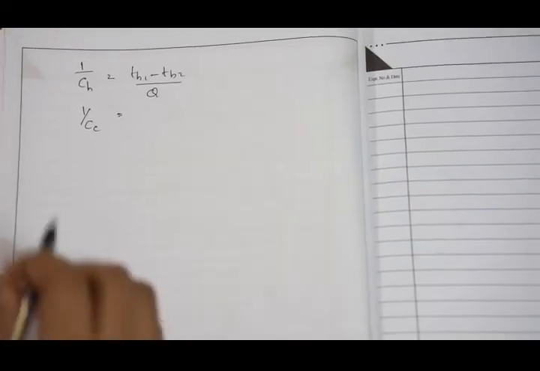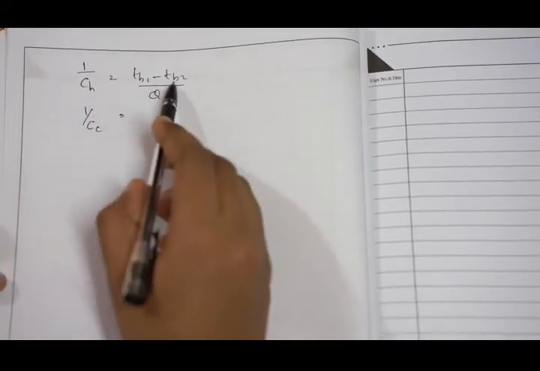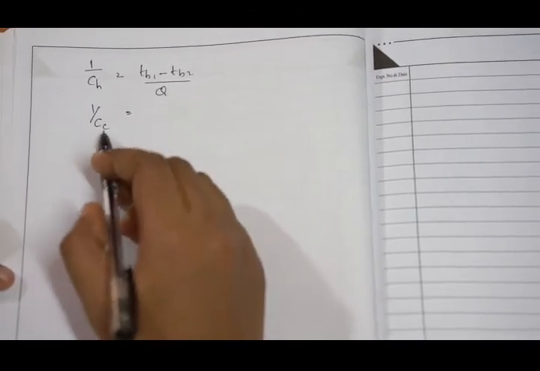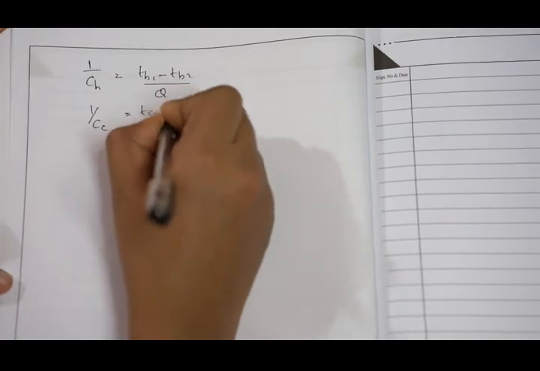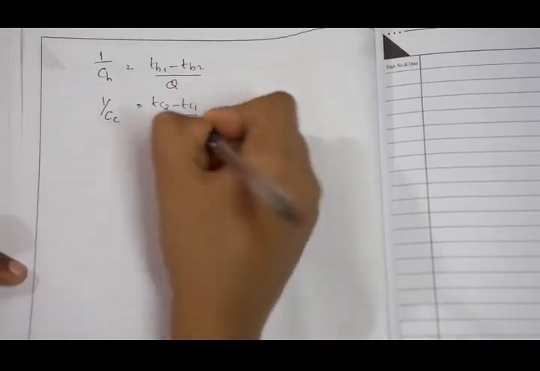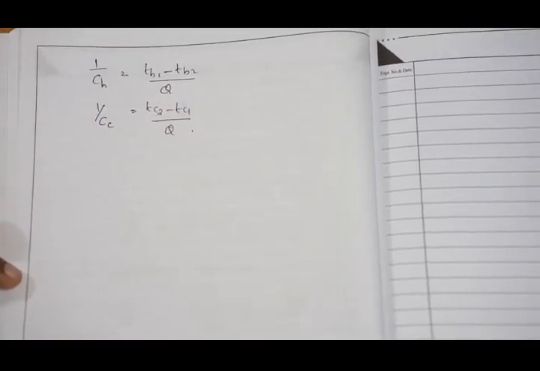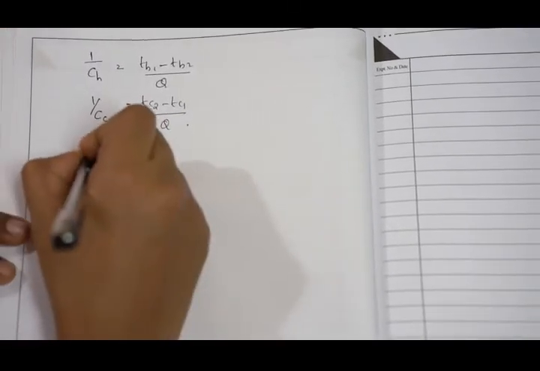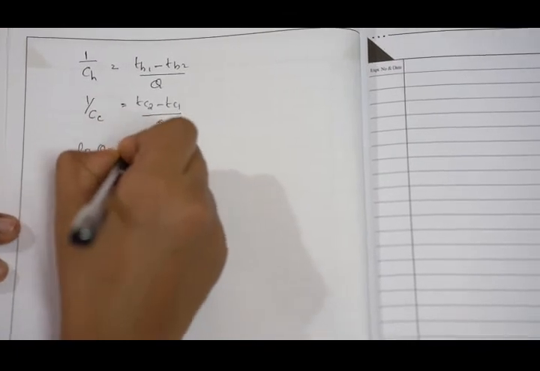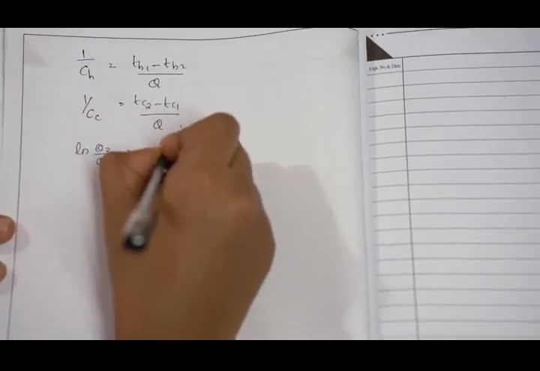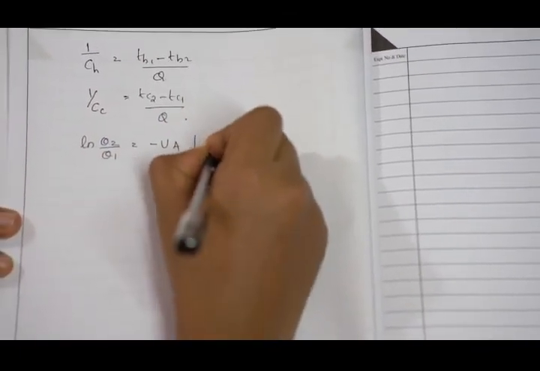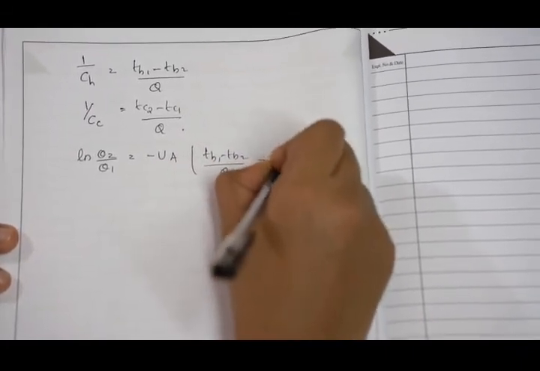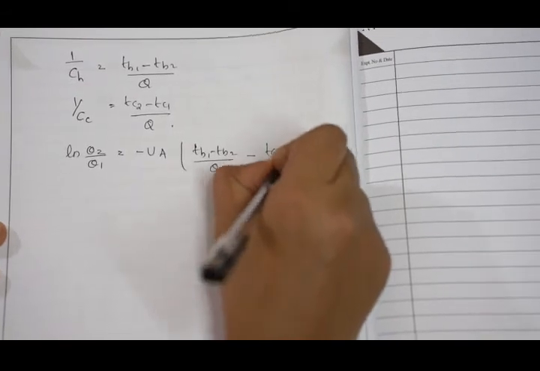From the above equations, 1 by CH is equal to TH1 minus TH2 divided by Q, and 1 by CC is equal to TC2 minus TC1 divided by Q. Substituting the values of 1 by CH and 1 by CC into the equation, we get ln of theta 2 by theta 1 is equal to minus UA into TH1 minus TH2 by Q minus TC2 minus TC1 by Q.